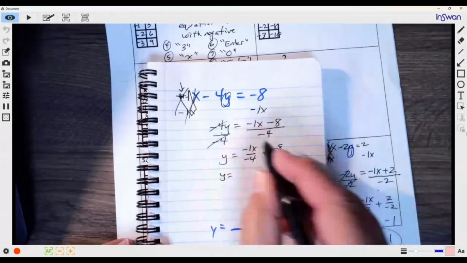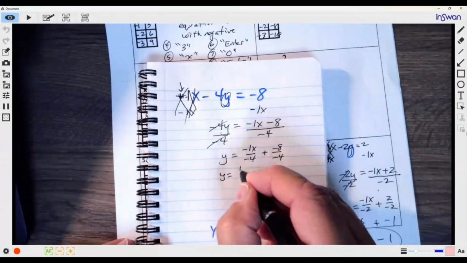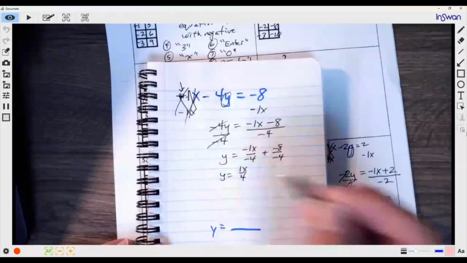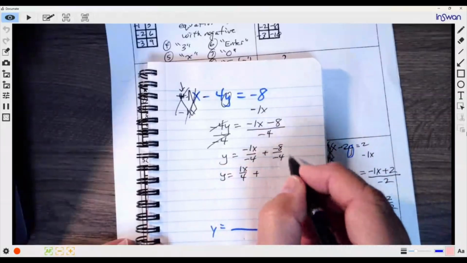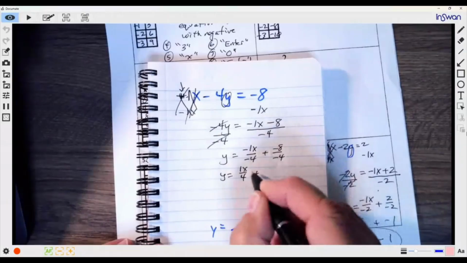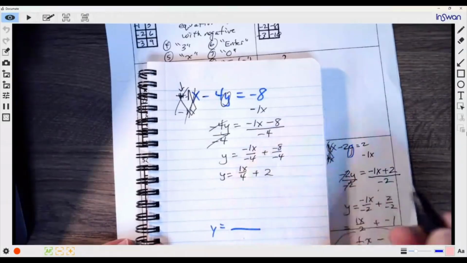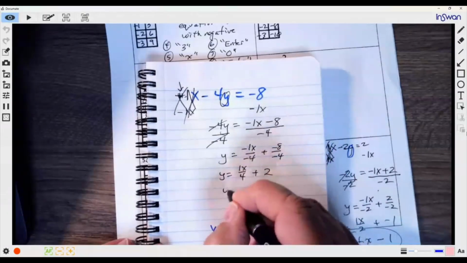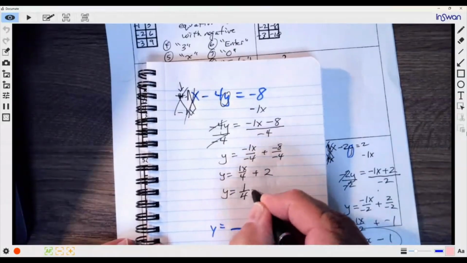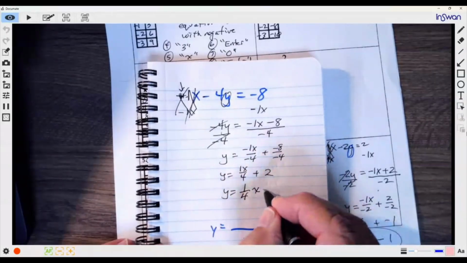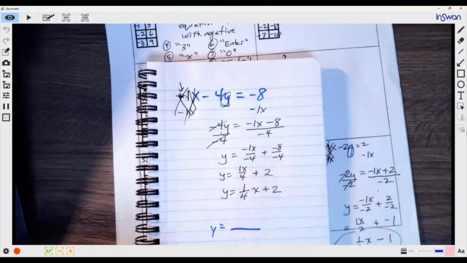This can reduce to +1x over 4 plus -8 divided by -4 is +2. This can be rewritten so that it is a fraction in front of a variable plus 2.